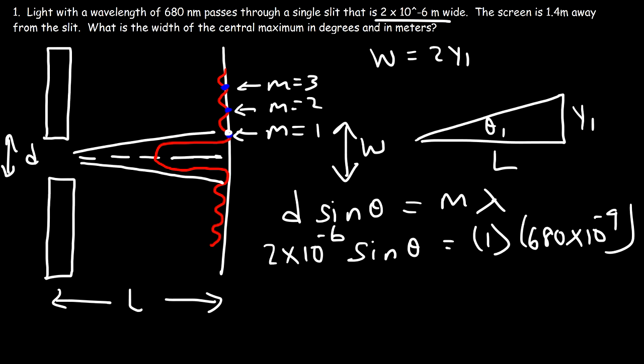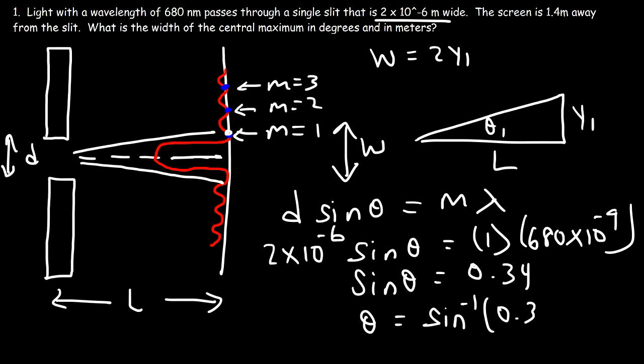So if we take 680 times 10 to the minus 9 and divide it by 2 times 10 to the minus 6, we can see that sine theta is 0.34. So theta is going to be the arc sine of 0.34. And so theta 1 is 19.9 degrees if you round it. So that's a fairly large number.